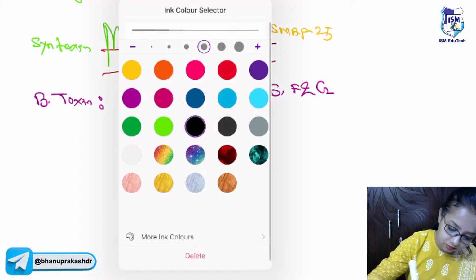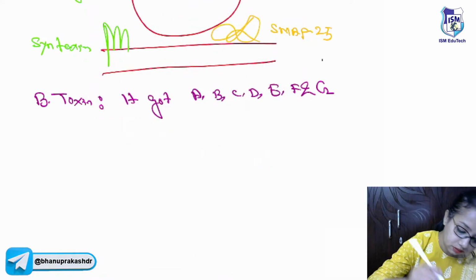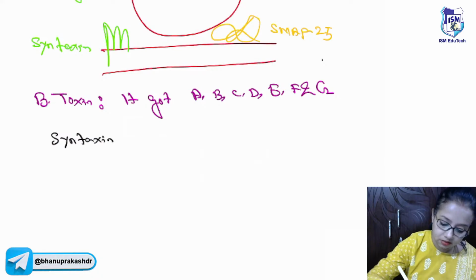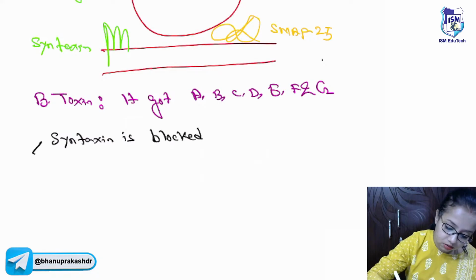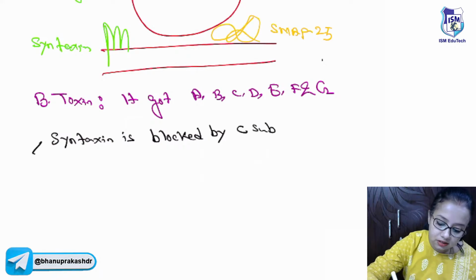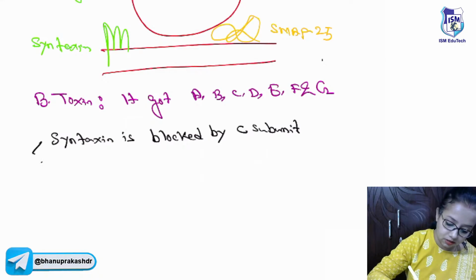For instance, syntaxin is blocked by the C subunit of the botulinum toxin.